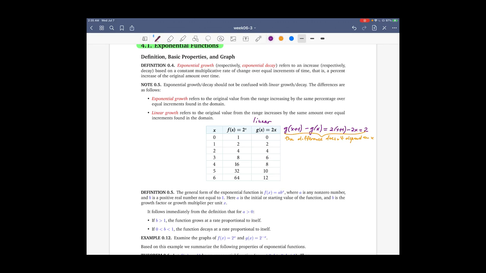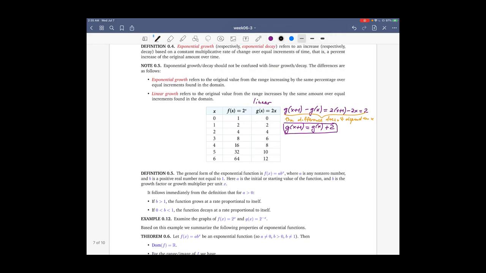So from here, I immediately see that g at time x plus 1 is g at time x plus 2. So the value of g grows by 2 every unit of time. That is the case for any linear function.